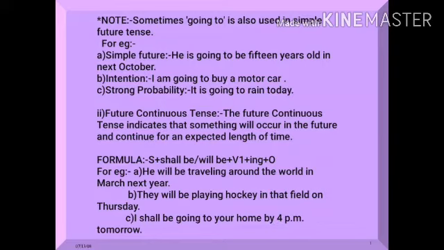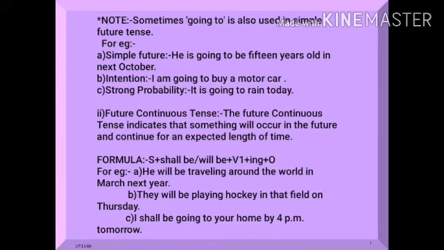That means the tense which indicates that one action will occur in the future and continue for an expected length of time or for a particular time, that tense is called future continuous tense. Now you can see I have written the formula: subject plus either shall be or will be plus V1, that means the root form of the verb, plus ing plus object.